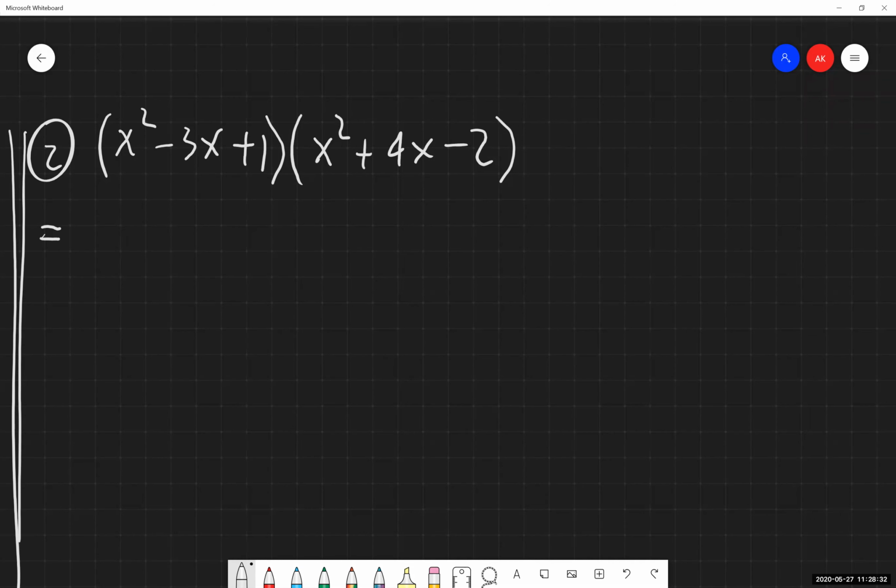So distribute the first term from the first polynomial to each term in the second polynomial. So I'm going to work with this x squared first, and that's going through to everything in the second polynomial.